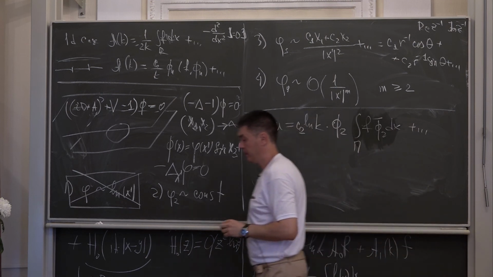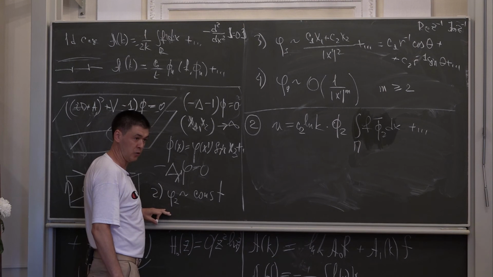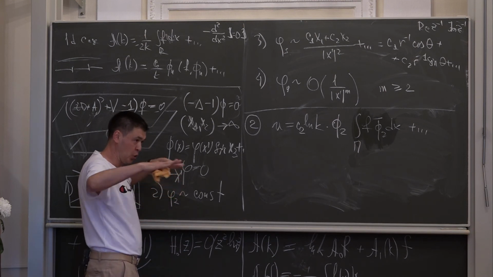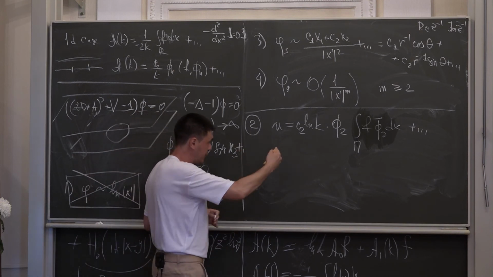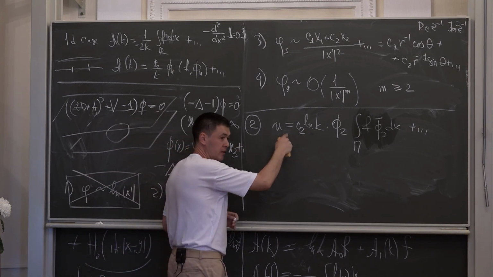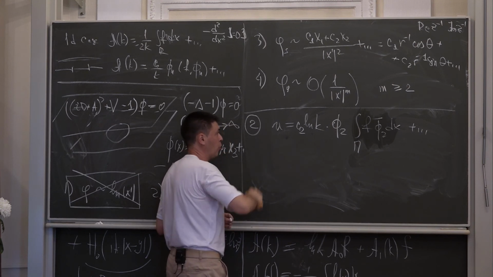This is the term which appears due to the presence of such a solution. So if we have a solution which is constant at infinity, it behaves as a constant, and it generates a logarithmic term in the resolvent of the unperturbed operator.